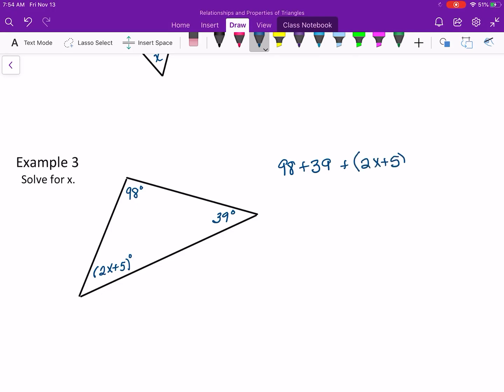That's right. So we write that equation. You can leave those parentheses on. You can take those parentheses off. Let me get my 5 back in there. The parentheses are not necessary. They're just there to show that that 2x plus 5 represents an angle measure.